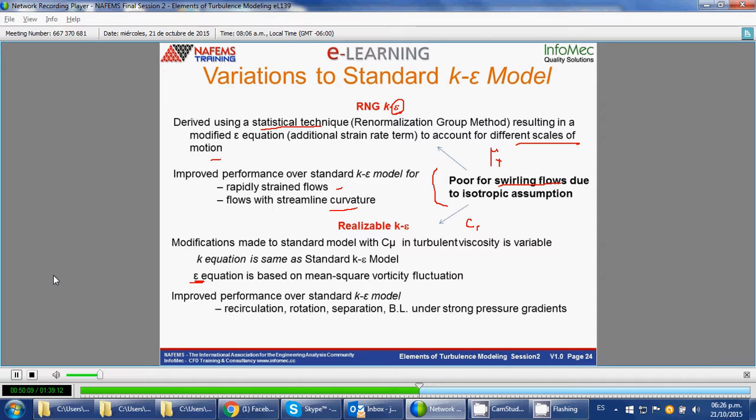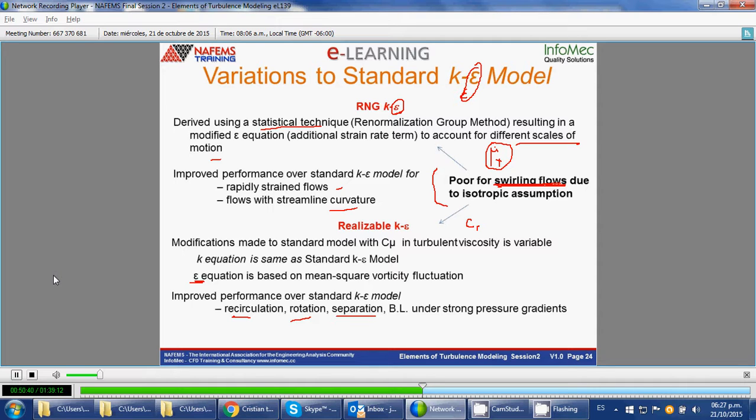Because, like I said, people were trying to respond to this epsilon. So k stays the same, but the epsilon changes a little bit. Again, we see more improvement for recirculations, rotations, and separations. Once again, the assumption stays the same in terms of mu t being isotropic, which would not help us with swirling flows. Okay. So those are two.